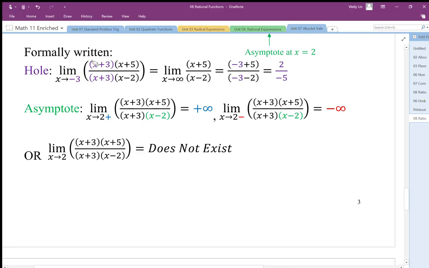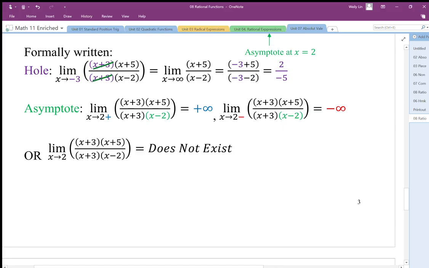And so to evaluate this, what we can do is cancel out the divide by 0. Once we get rid of the divide by 0, we can actually just plug in the value that used to give us 0 here, which was -3. We can just plug it in here and actually evaluate the limit.